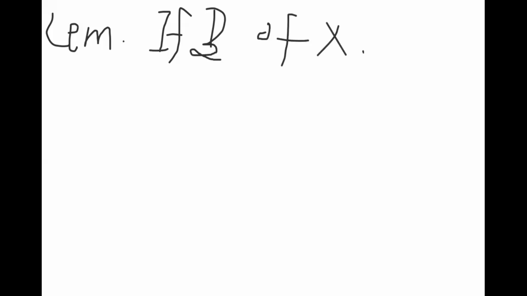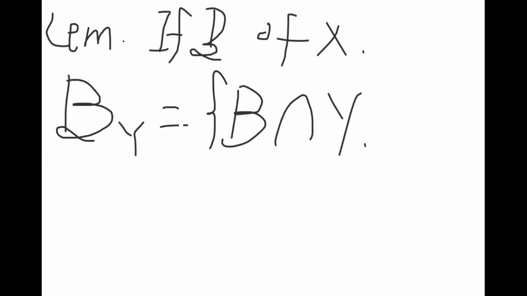If B is a basis for the topology of X, then the collection B_Y, defined as B intersected with Y such that B is an element of the collection B, is a basis for the subspace topology on Y. And to prove this, do you guys have any idea how to prove this? Then okay, I'll prove it myself.